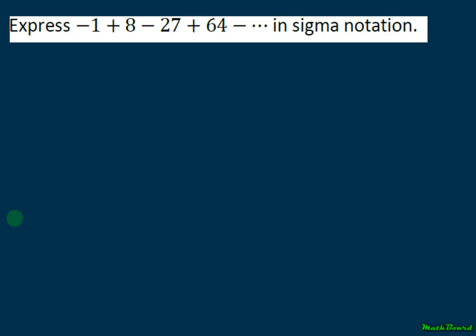Express negative 1 plus 8 minus 27 plus 64 minus and so on in sigma notation. So alternating sign, and it starts with a negative, therefore we multiply the summation by negative 1 to the i. But look at the terms. We have 1, 8, 27, 64. What do you notice in that? We know that 1 can be found by cubing 1, 8 can be found by cubing 2, then 27 can be found by cubing 3, and 64 is 4 cubed.